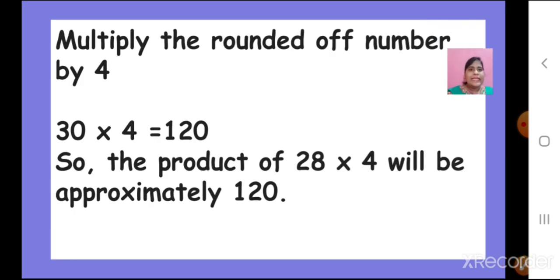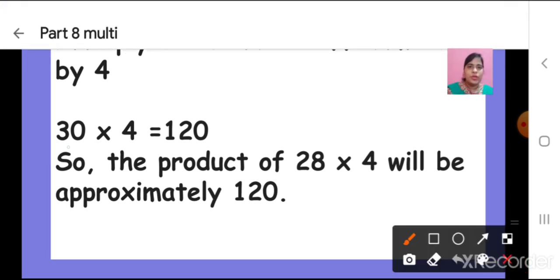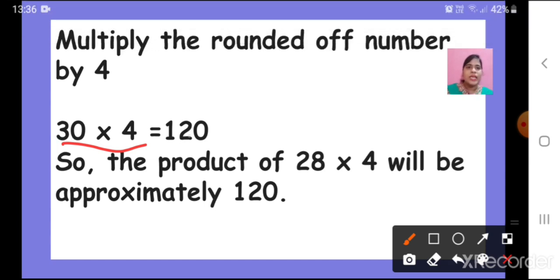Next is to multiply the rounded off number by 4. We have to multiply it with the multiplier. So 30 multiplied by 4 we have to do. 3 4s is 12 and we have to put 1 zero. So it is 120. 30 into 4 is equal to 120.